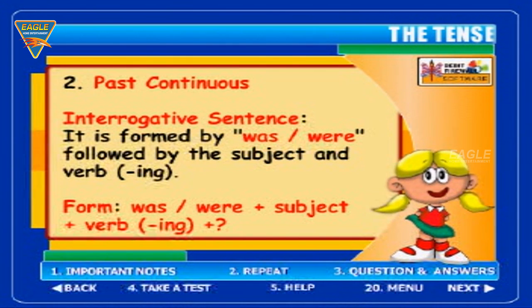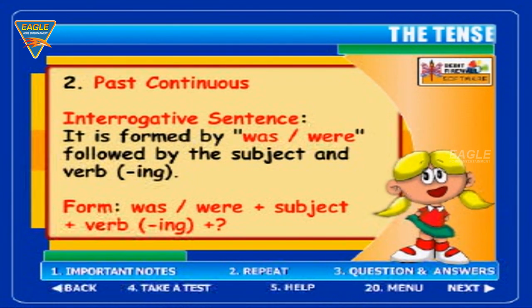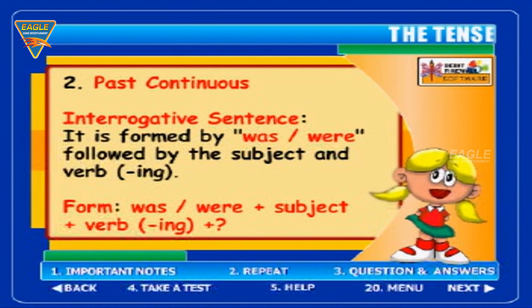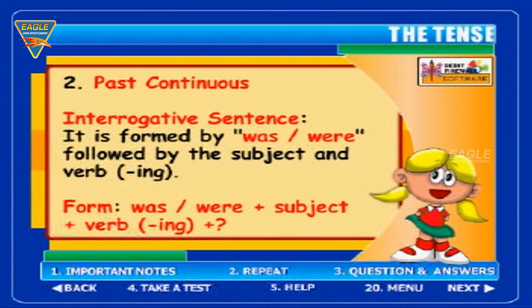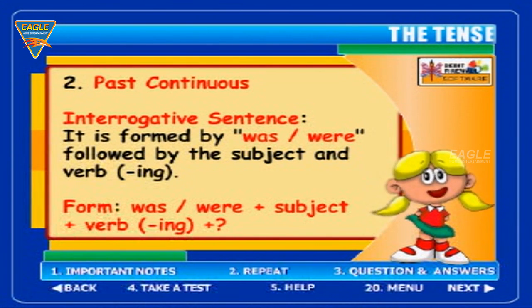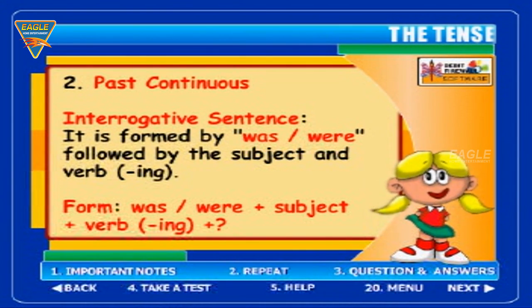Past continuous interrogative sentence. It is formed by was or were, followed by the subject and verb ing. Form: was or were plus subject plus verb ing.